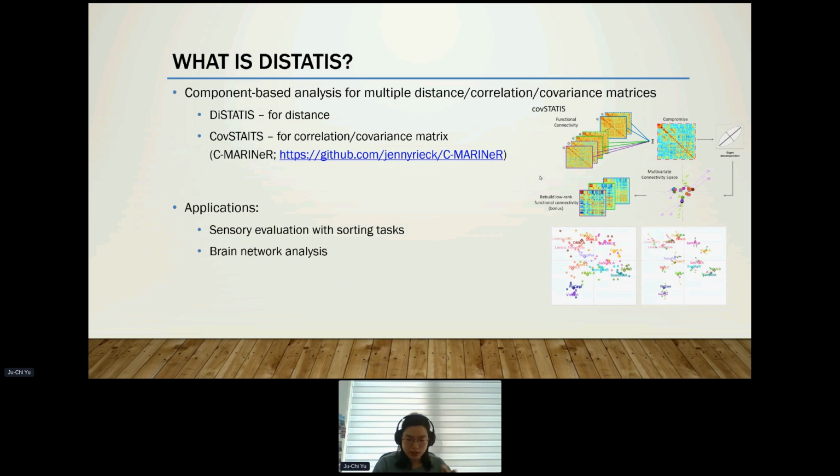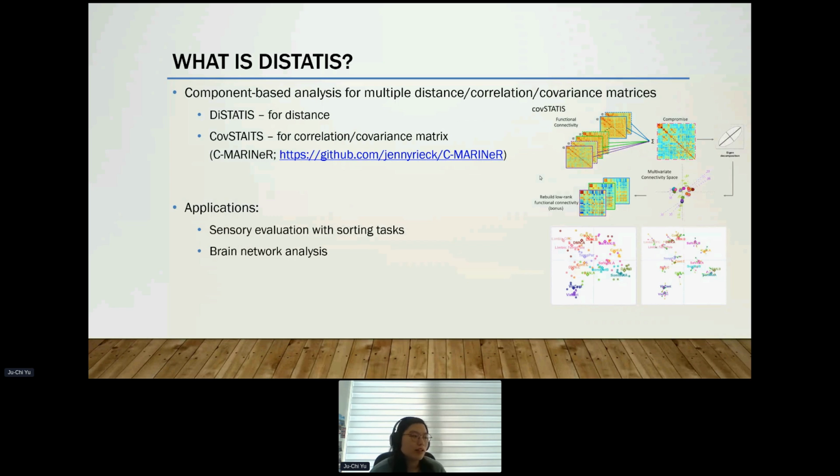They try to put 10 glasses of wine into, for example, 3 groups. And they quantify this by taking the distances. If you're in the same group, you will have a distance of 0, which means you're the same. If you're in a different group, that would be 1. And then they will use DiSTATIS to analyze this type of data when people sort things.